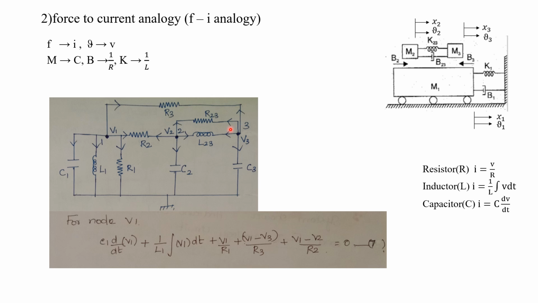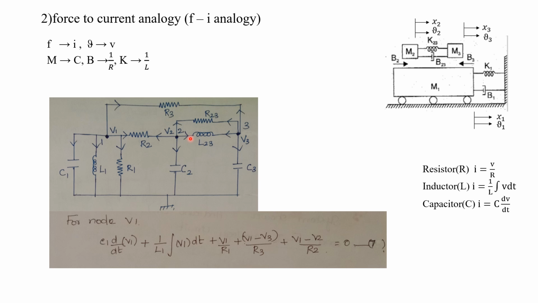In this way we have to complete the diagrams. After that, what we have to do is assume the direction of current for each and every node. Here this is a force to current analogy. We are going to apply Kirchhoff's current law, isn't it? To apply Kirchhoff's current law at each and every node, we need a current direction.